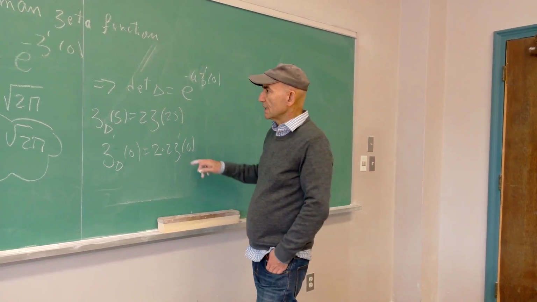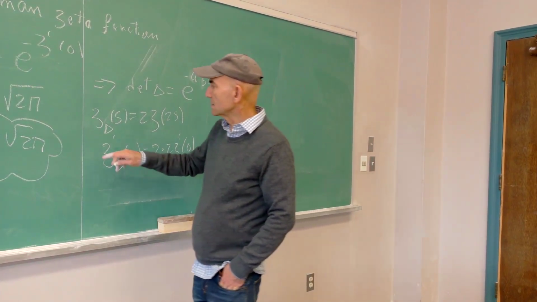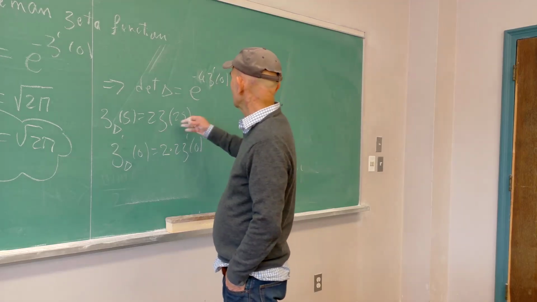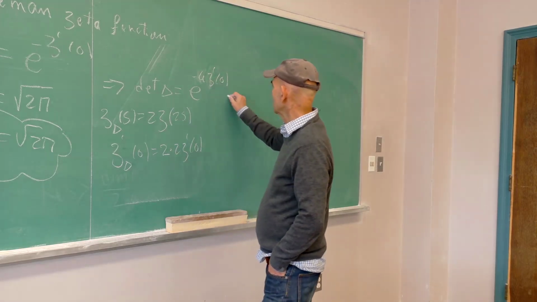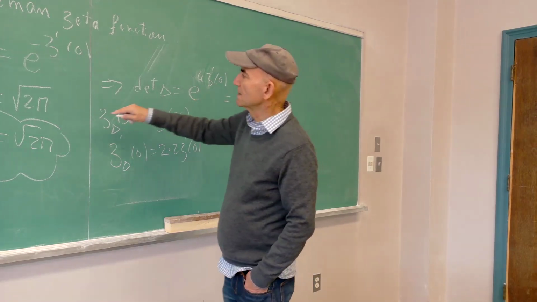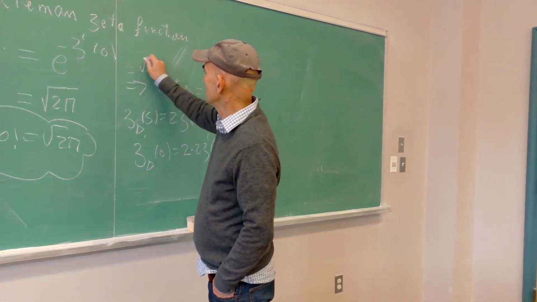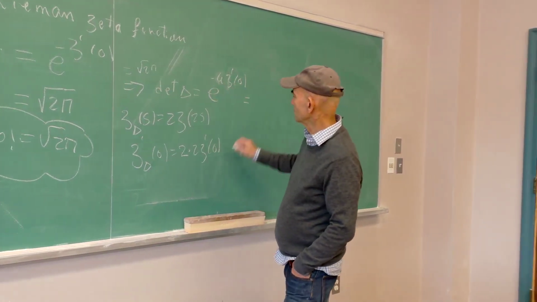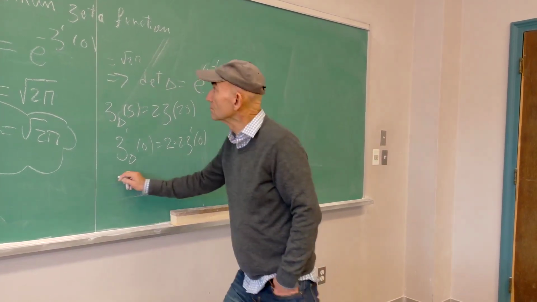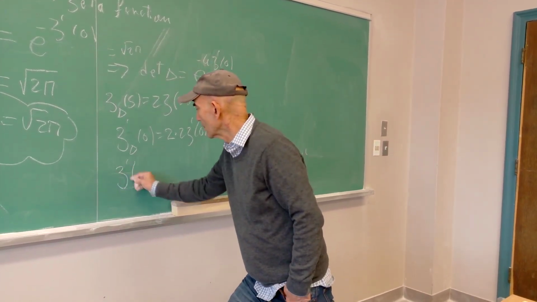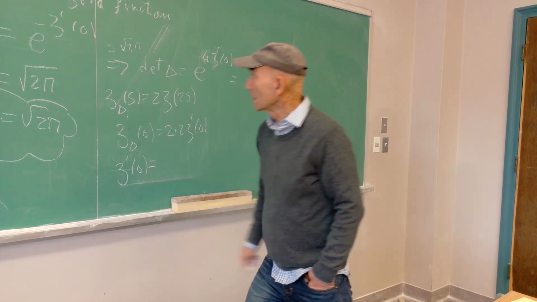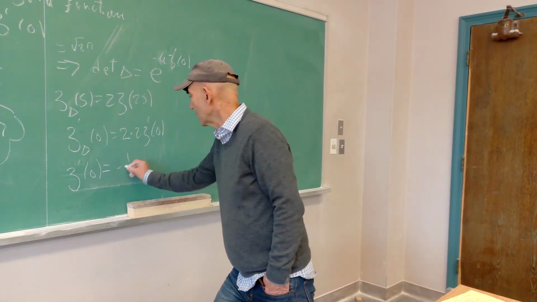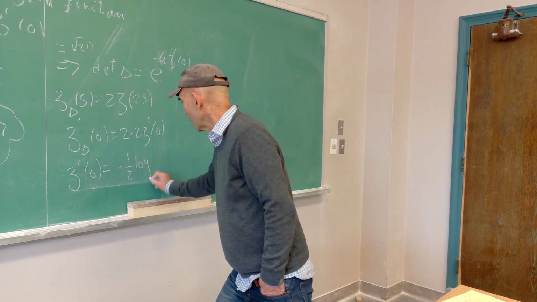Okay, so zeta prime at 0 we know is equal to negative 1/2 log of 2 pi.